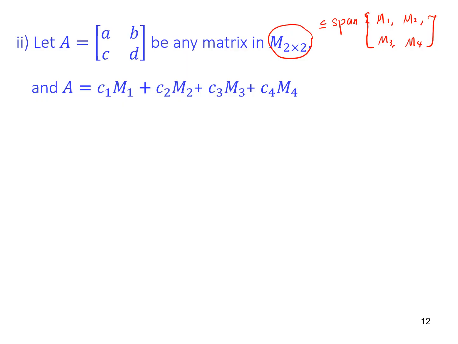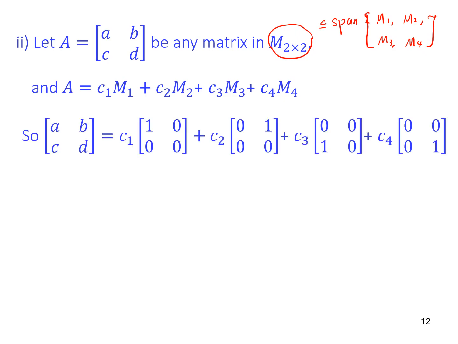We have to show the existence of the scalars C1, C2, C3, and C4. So we substitute the matrices A, M1, M2, M3, and M4, simplify them, and compare the left hand side with the right hand side.